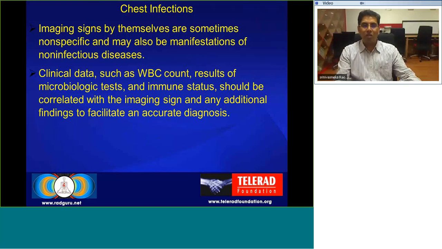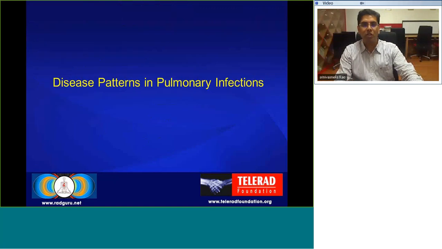As a result, we have to take into consideration the clinical history, clinical data, and the biochemical and hematological investigations, such as white cell count and immune status. All should be correlated along with the imaging to come to a conclusion of what exactly is going on with the patient. Now I'll talk about the disease patterns in pulmonary infections.